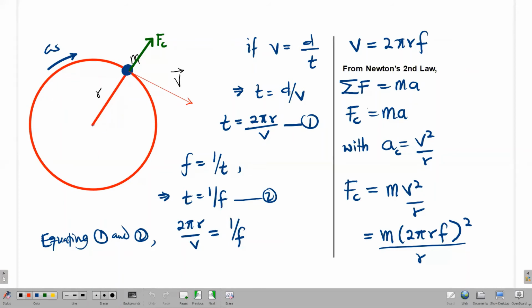Now, the D we are talking about is the circumferential distance. Circumferential distance is a distance through one revolution. So that will be 2 pi r.